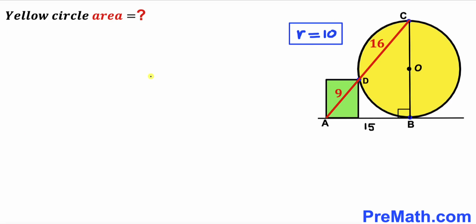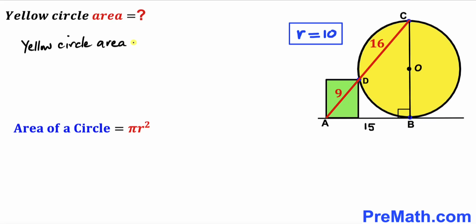And here's our final step. Now we are going to calculate the area of this yellow shaded circle. Let's recall the area of a circle formula: area equals pi r square, where lowercase r is the radius. So our yellow circle area is going to be equal to pi times our radius 10 whole square.